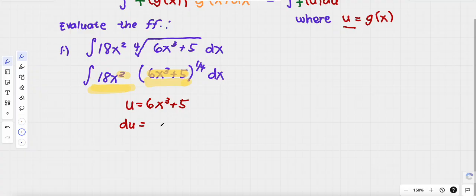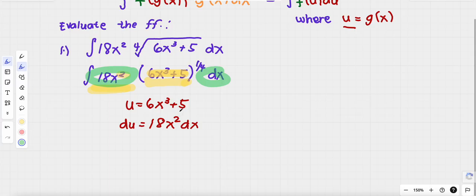By the power rule, that will be 3 times 6, so we have 18. Then 3 minus 1 is 2, so we have 18x squared. The derivative of a constant is 0. Then don't forget dx. We go back to our integral. Do we have 18x squared dx? The answer is yes, we have 18x squared dx.